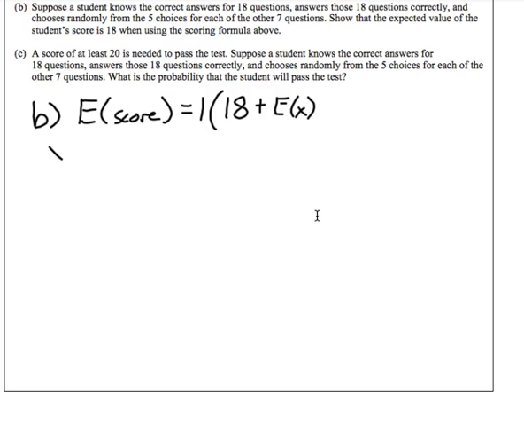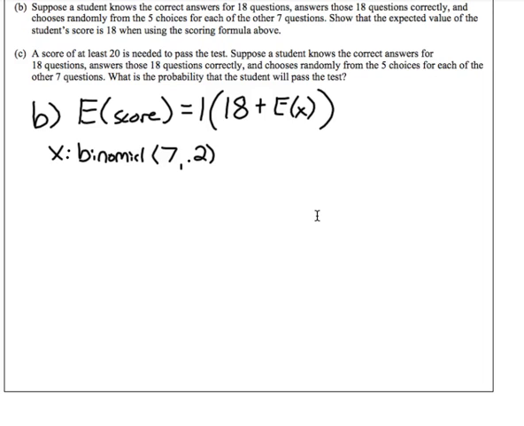And I'm going to let x be binomial where there's 7 trials and a 1/5 chance of being right, okay? Because if I add that expected value on, that's going to be the number of points that I'm going to receive for being right. 18 plus how many we'd expect to get right based on that binomial distribution.